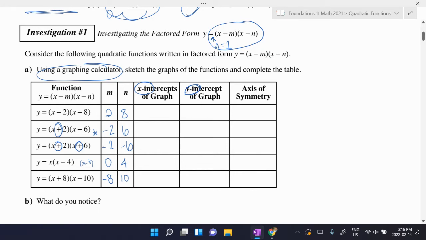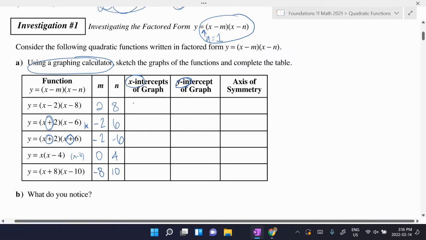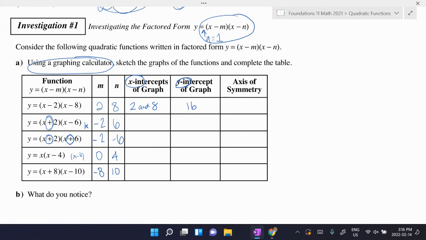So you should find your x-intercepts are 2 and 8. Your y-intercept is 16. The axis of symmetry, remember where that's going down? x is equal to, right down through the middle, 5.